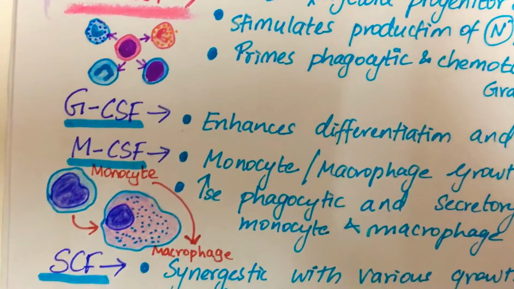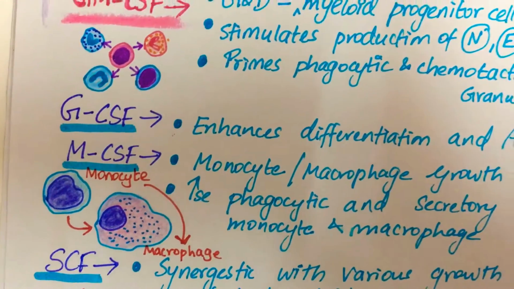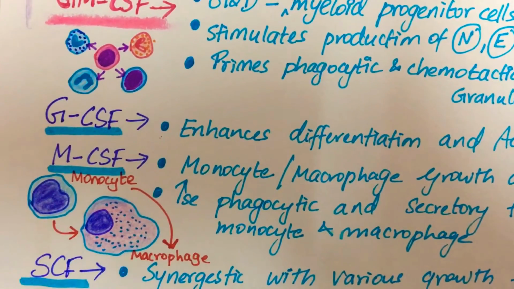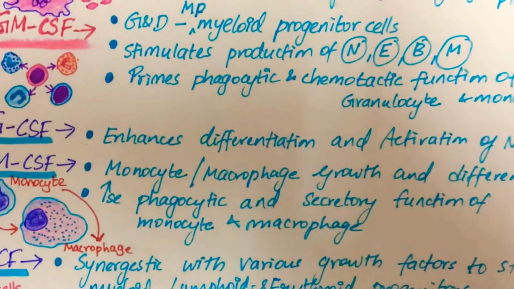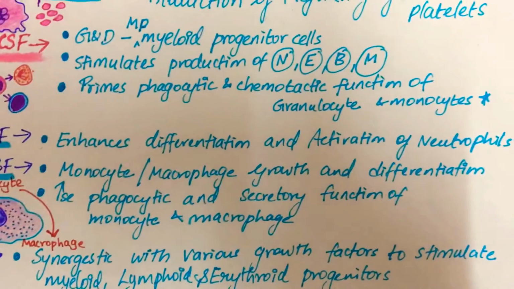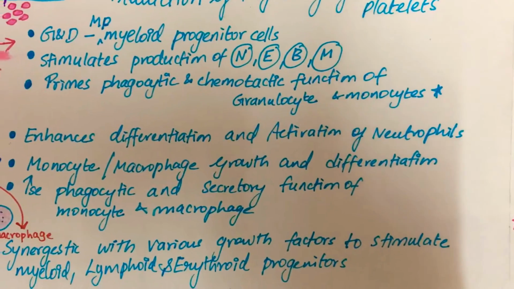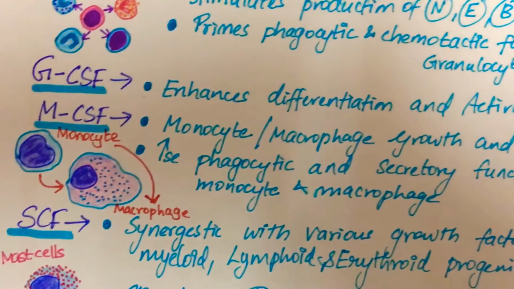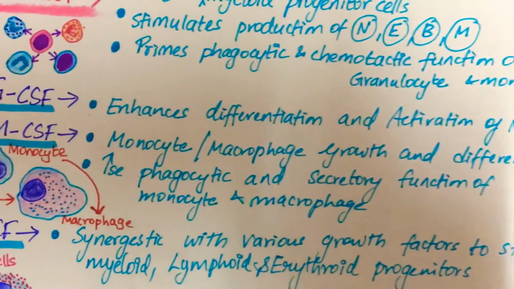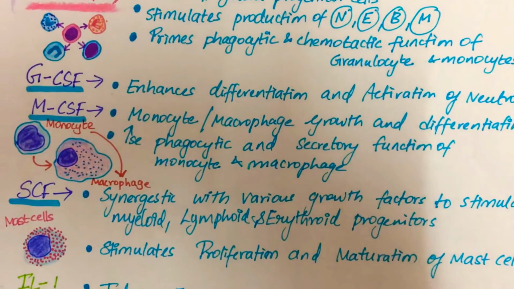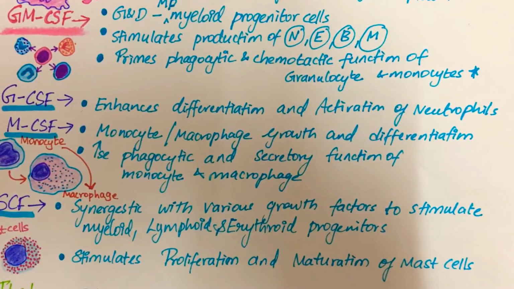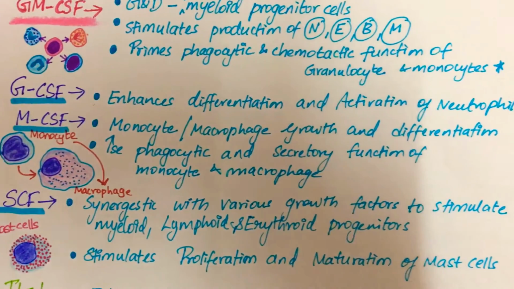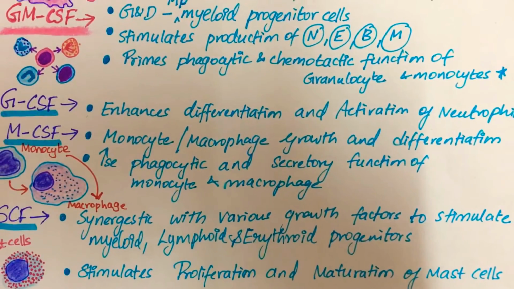Coming to the granulocyte colony stimulating factor, which is called G-CSF, it enhances the differentiation and activation of neutrophils. And coming to the monocyte colony stimulating factor, it helps in growth and differentiation of both monocyte and macrophage.